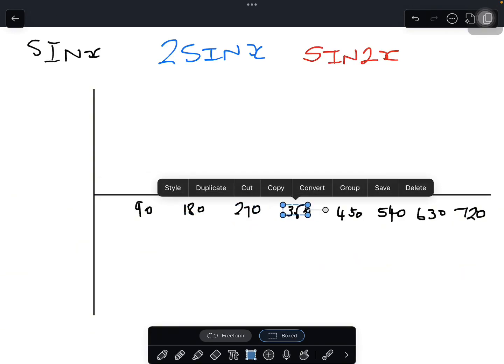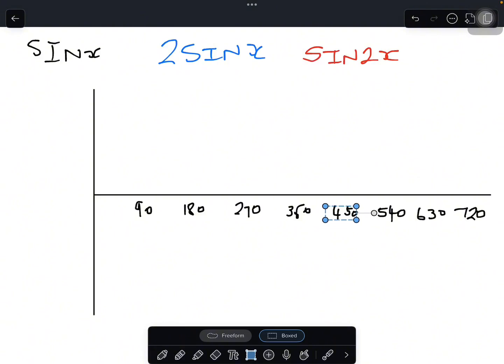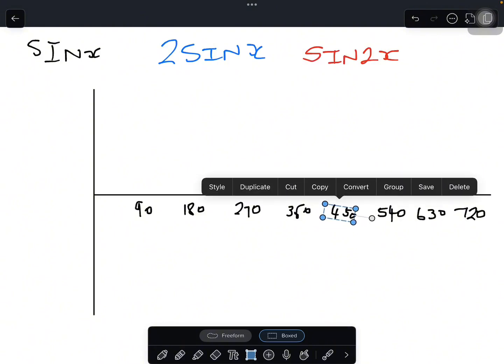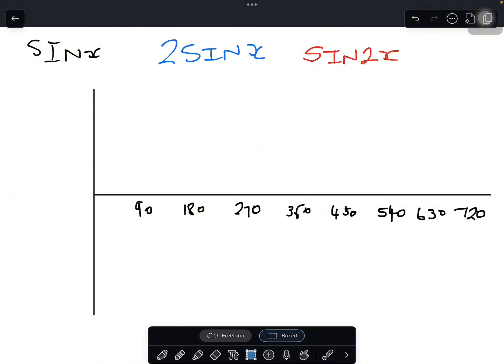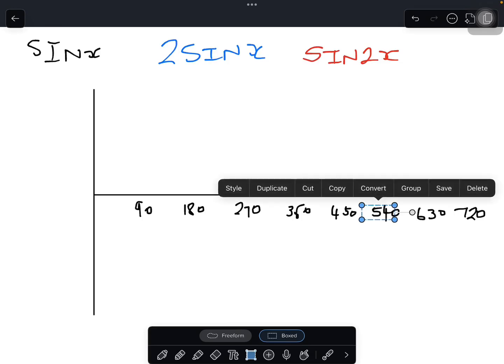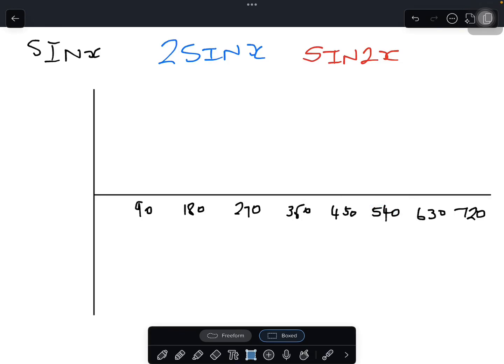A lot of people find this section tricky, but once you really understand how the mother graph works, which is your original sine x graph, you'll be able to answer a lot of these questions. That's exactly what they're expecting you to know. So we have -1 here, -2, 1, and 2.